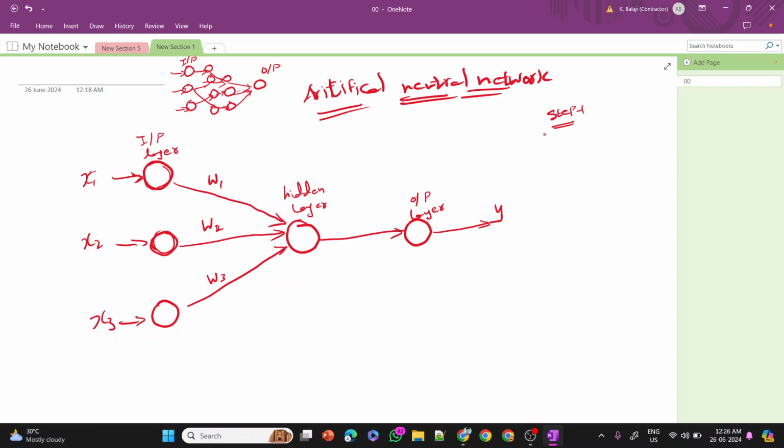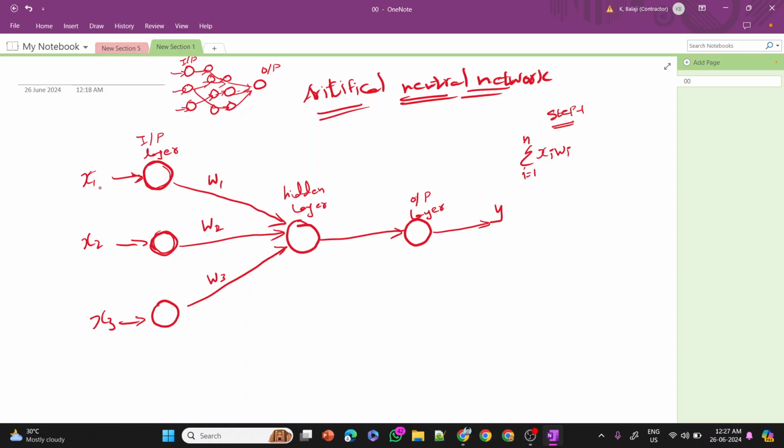Each neuron will do two steps. The first step is the summation of xi wi, with i equal to 1 to n, the number of inputs. This is the first step that happens inside a neuron.